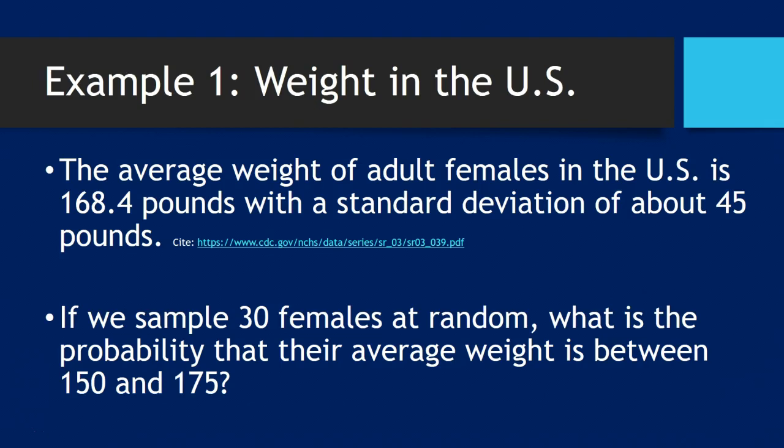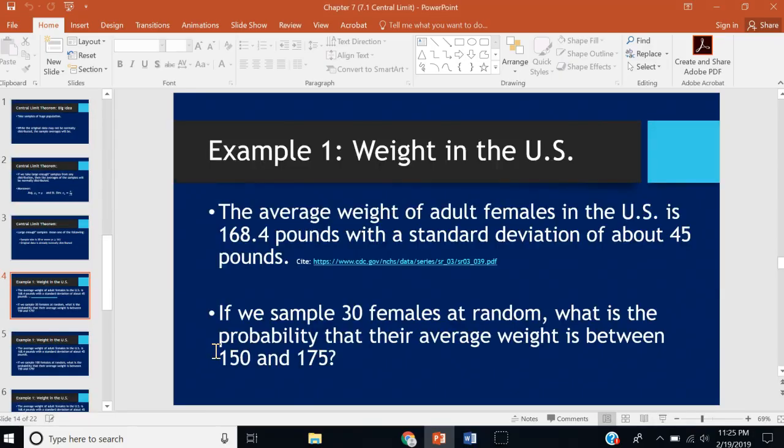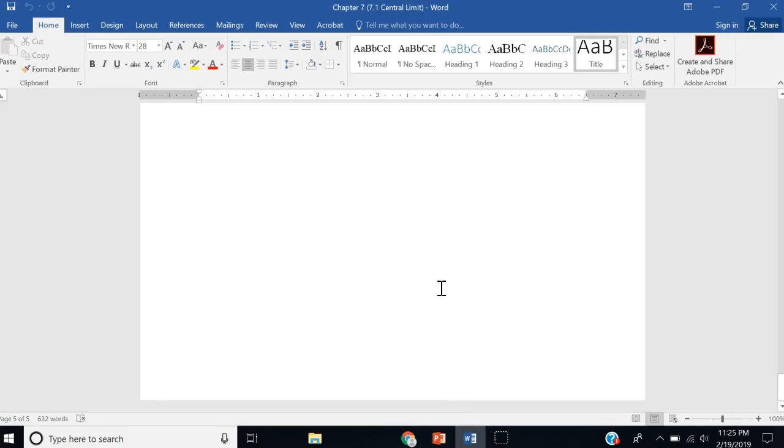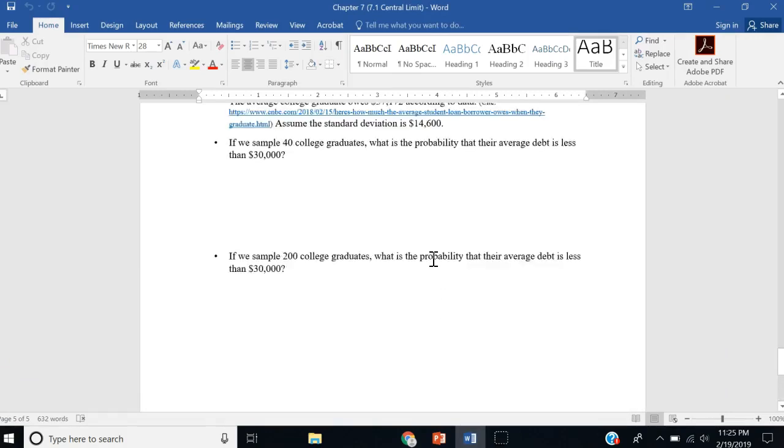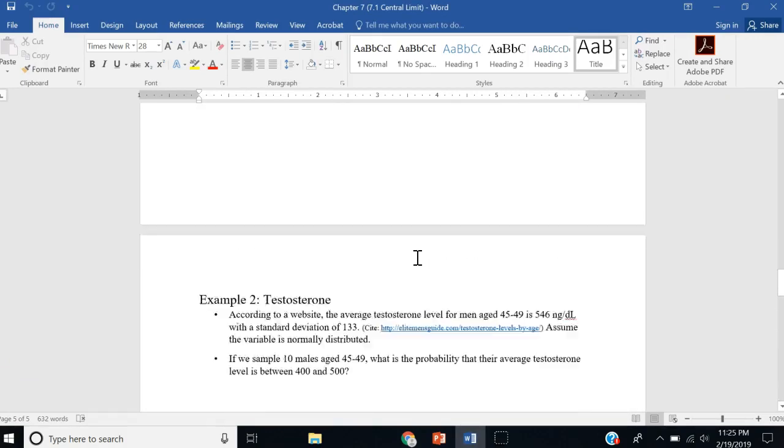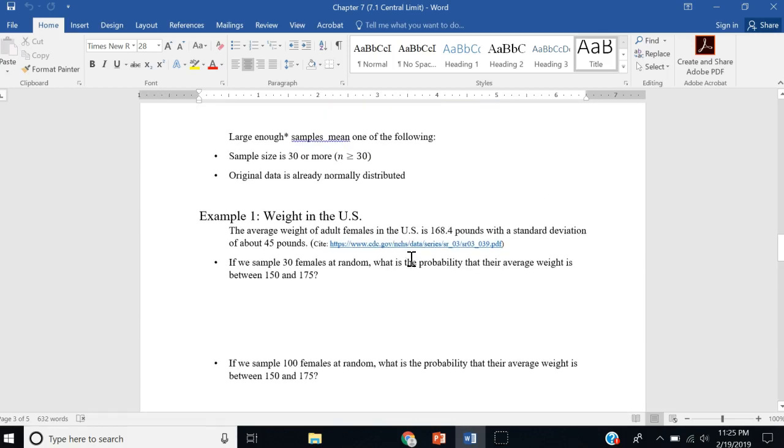But what we can do is say, if we sample 30 females, what's the probability that their average, the average of those 30 females, comes up between 150 and 175? So here's how we do this. I'm going to scroll up to this example that I just said.